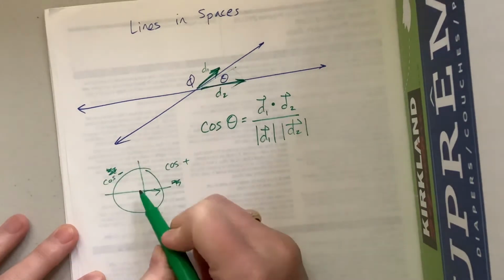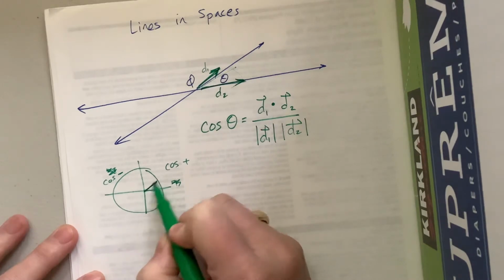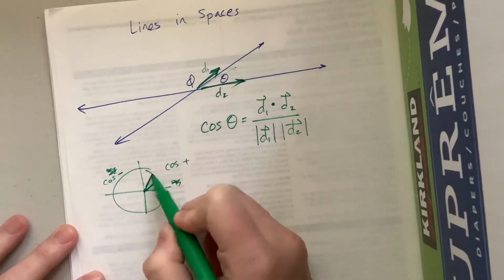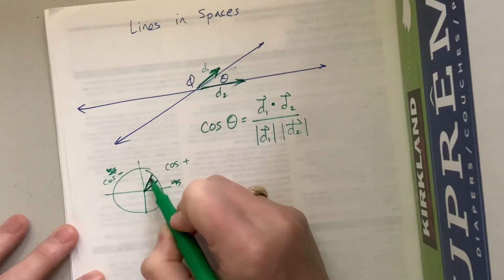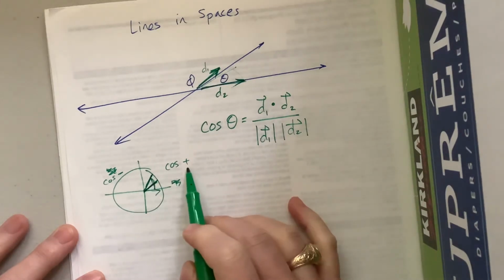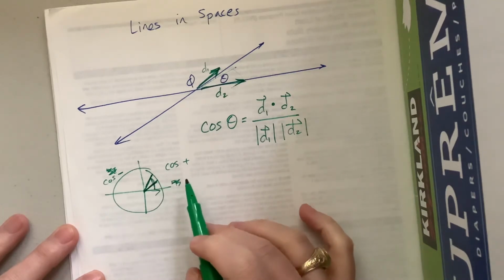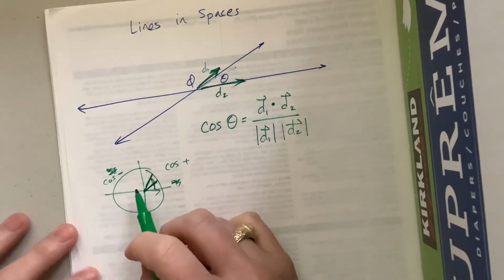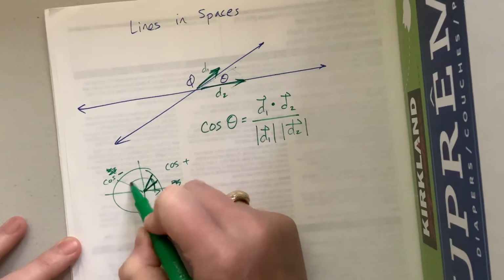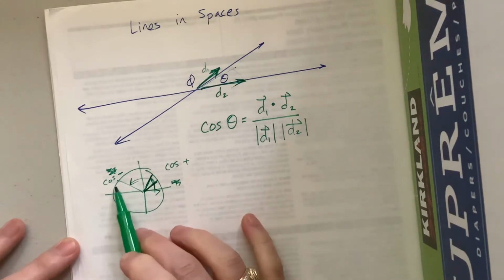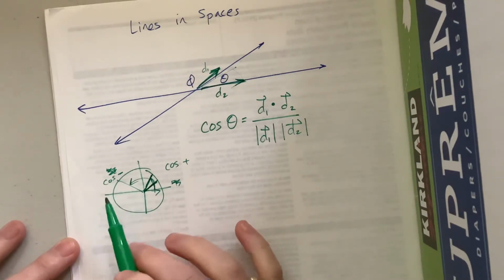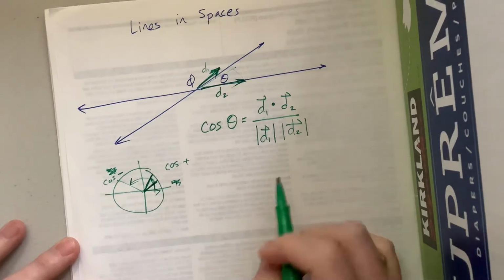So this would be an acute angle in quadrant 1, or here's an acute angle in quadrant 1, going like that. Those are all going to have a positive cosine value. If I have an obtuse angle, something like this, where it's going like that, its cosine value is negative. So cosine of an obtuse angle will be negative.